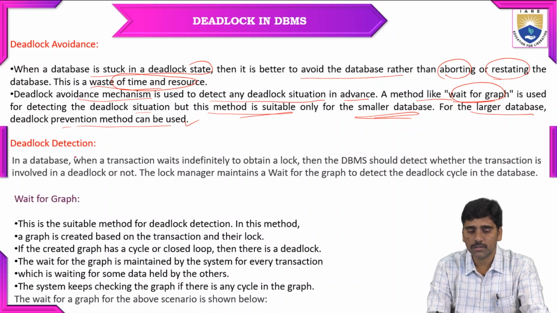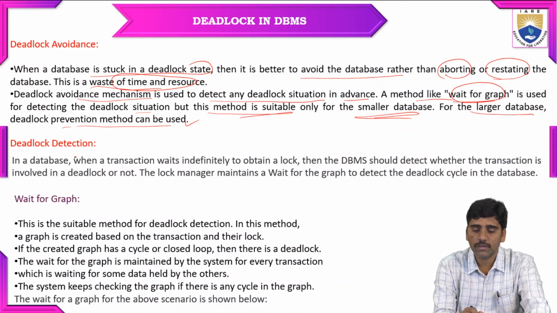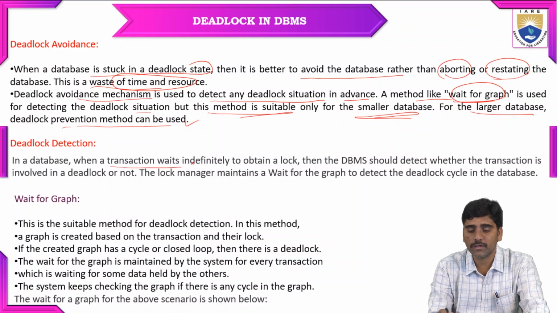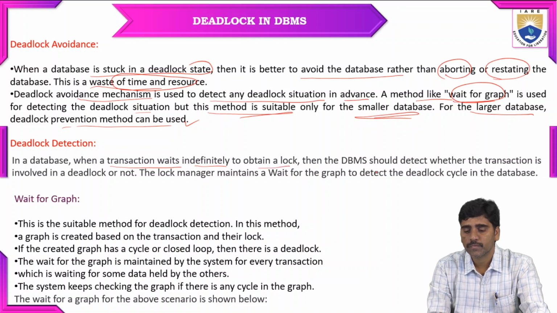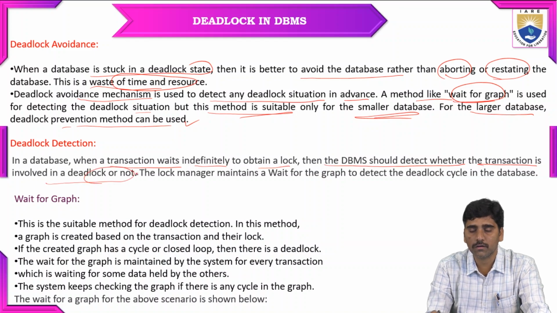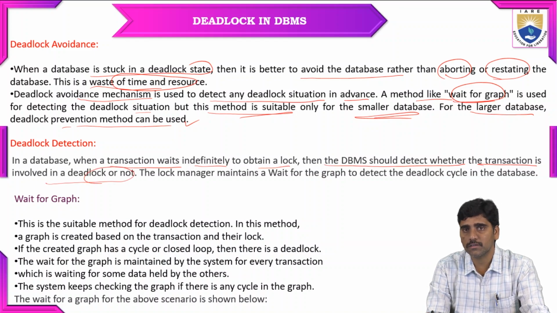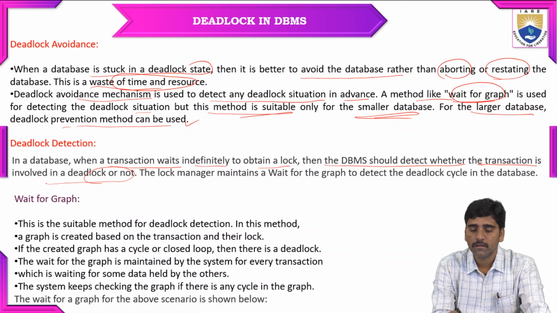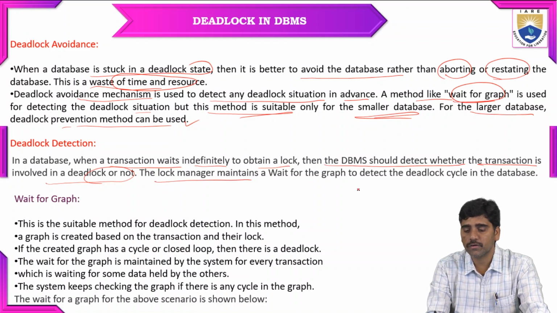Deadlock detection: how are we going to detect a deadlock situation in advance? In a database, when a transaction waits indefinitely to obtain a lock, the DBMS should detect whether the transaction is involved in a deadlock or not. The log manager maintains a wait-for graph mechanism to detect the deadlock cycle in the database.